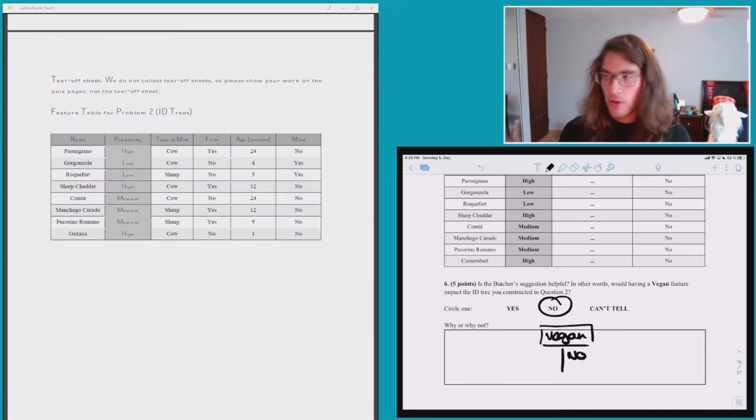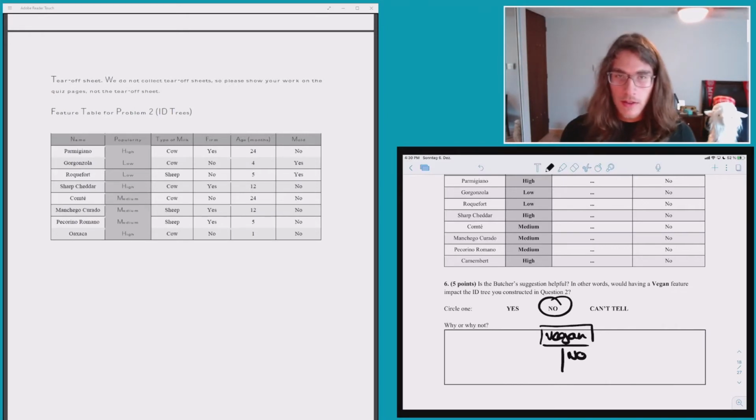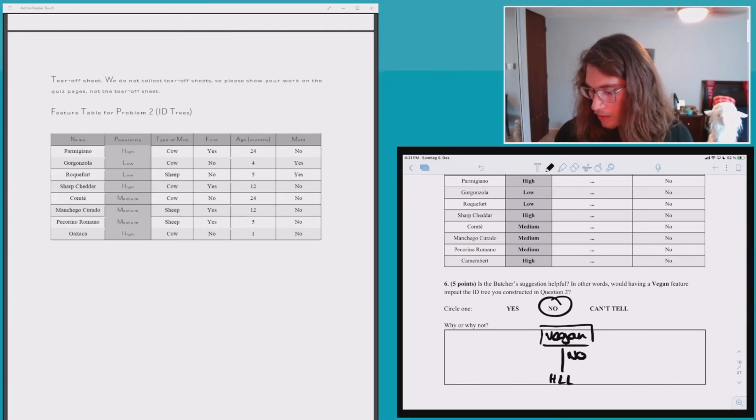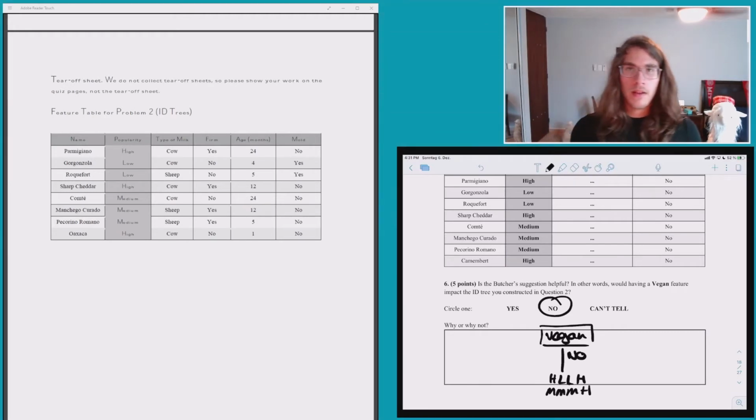No, because there are no yeses in the data that I have available to me, and the resulting branch would be high, low, low, high, 3 mediums, and then high again. So it's done absolutely nothing to classify the data that we have in any meaningful way.